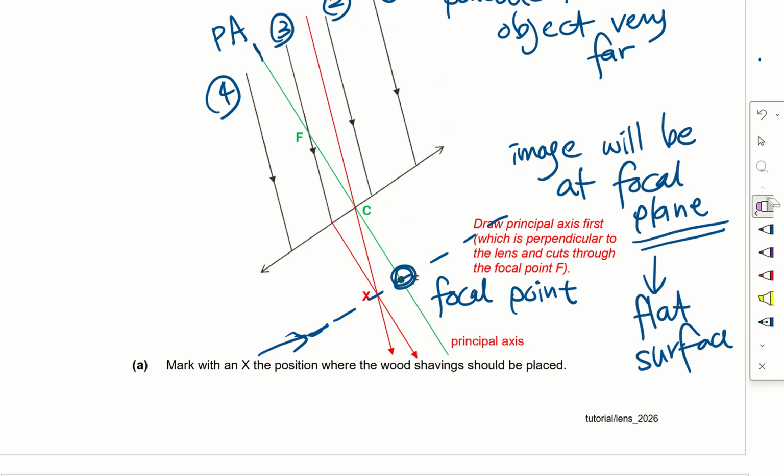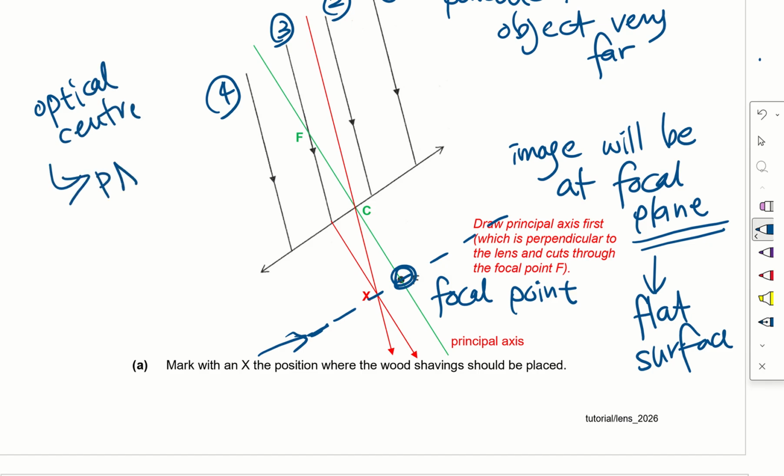Okay, let me repeat this. We need to find the optical center first, then we can find our principal axis, because we are only given the lens. Example, if the lens is 10 cm, I measure here 5 cm, I measure here 5 cm, and this will then be my optical center.